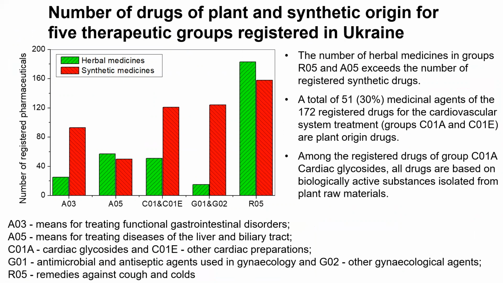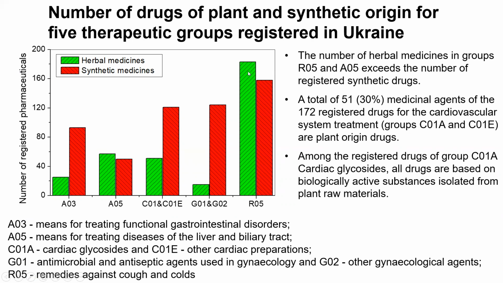A number of drugs of plant and synthetic origin for 5 therapeutic groups registered in Ukraine. You see groups and herbal medicine in green and synthetic medicines in red.